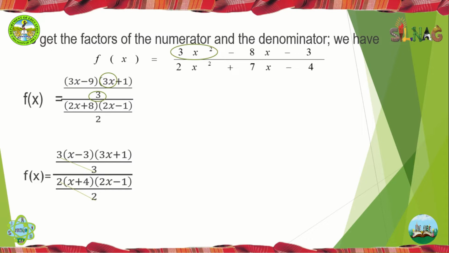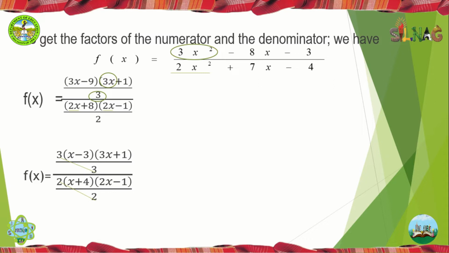Then at the denominator, the first terms of the binomial factors are both 2x, because the first term of the denominator is 2x squared, and then over 2, because the numerical coefficient of 2x squared is 2.